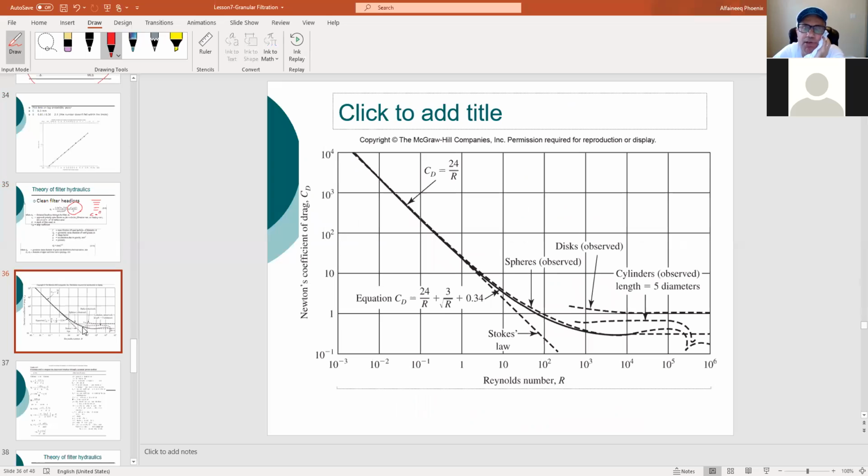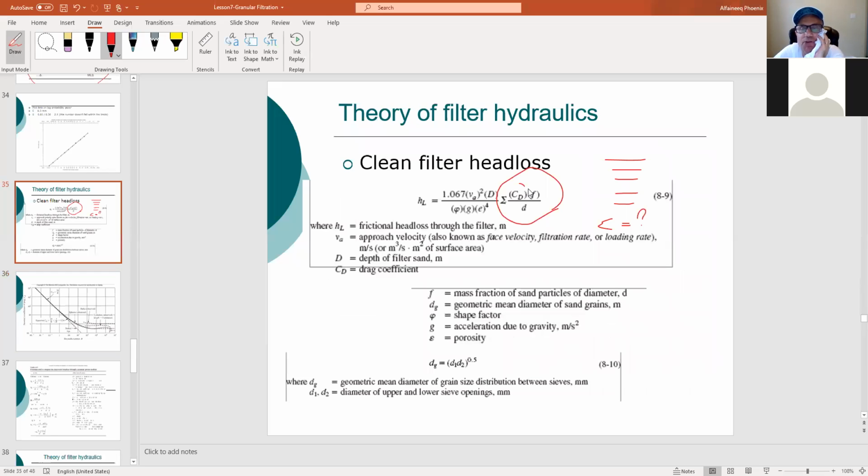Are you familiar with this? You should be. The drag coefficient is inside the formula, and you will need it.